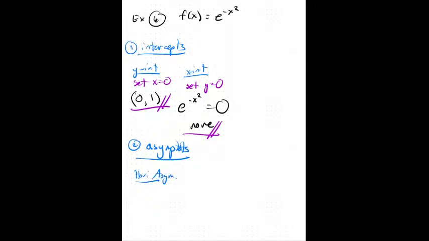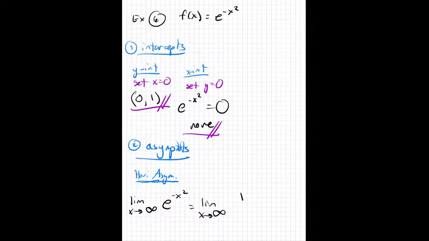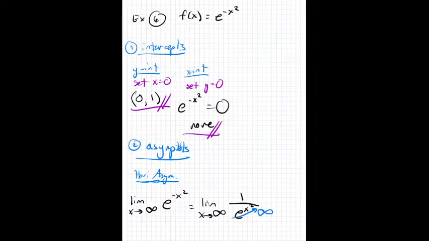I'm going to consider the limit as x goes off to positive infinity of e to the negative x squared. So this is going to be the same as the limit as x goes off to positive infinity of 1 over e to the x squared. So then this denominator, if we let x go off to positive infinity, is going to go to infinity, right? 1 over infinity is essentially 0.